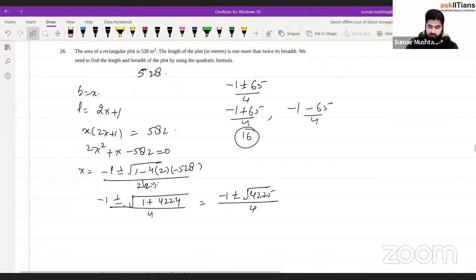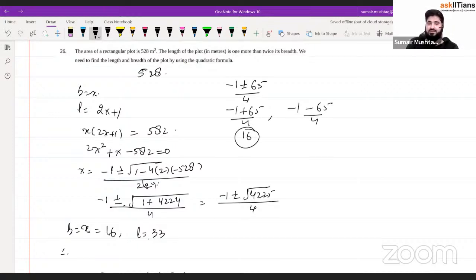Most of the time, as I have also seen, you find the value of x is equal to 16, but you don't actually mention at the end what the length and breadth are.